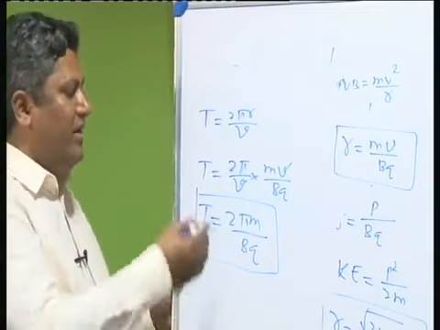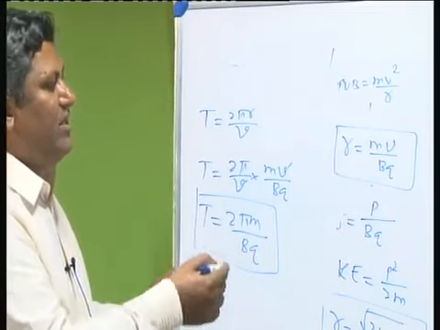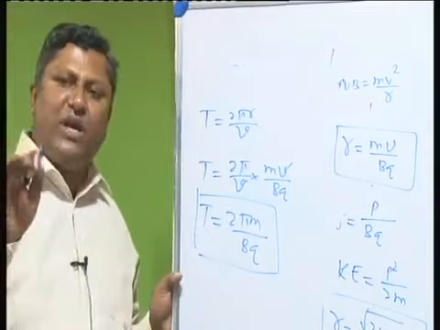And in this case, when a charged particle is moving along a circular path, we all know that only the direction of velocity of the charged particle changes. Magnitude always remains constant. So this clearly shows that kinetic energy remains constant. When kinetic energy is constant, I can say work done by the magnetic force is 0.